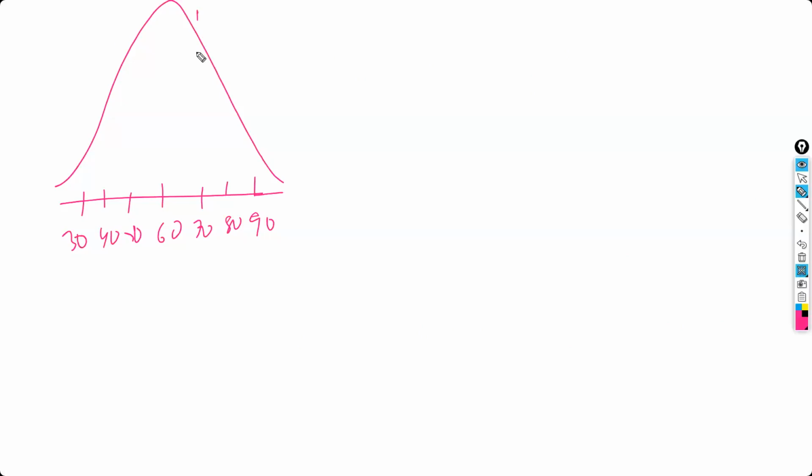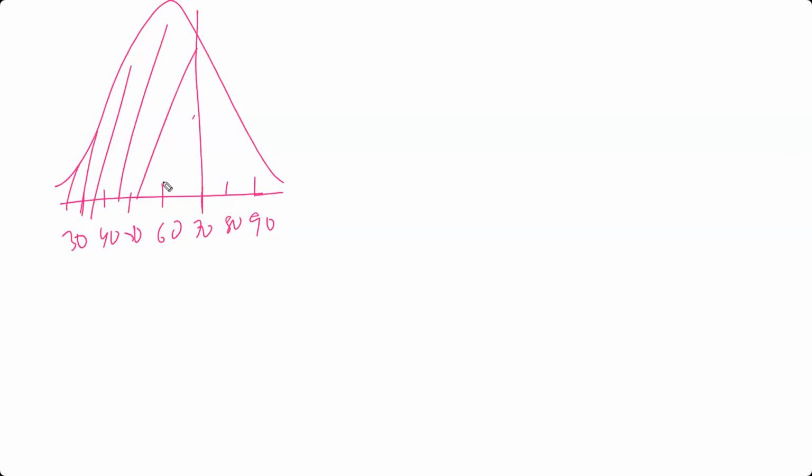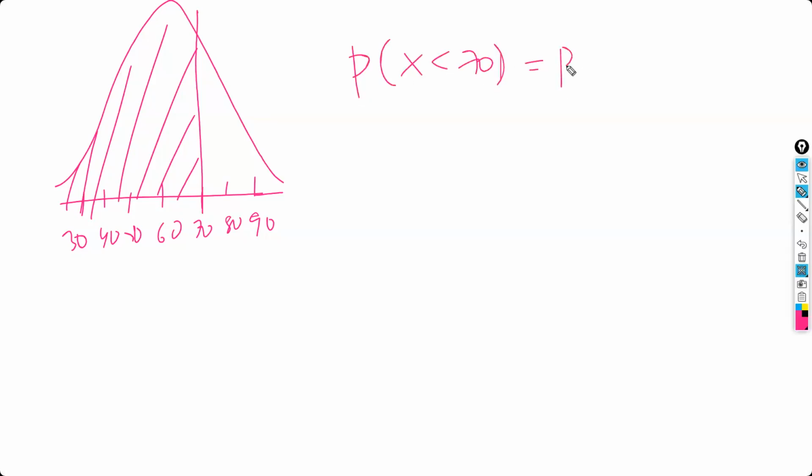Now the question is, what is the probability from here to here? Cumulative probability. Do you remember the cumulative probability? It means from the starting to 70. That is the question. So P of x less than 70 is equal to P of minimum value to 70, which is the cumulative probability from the start to 70.